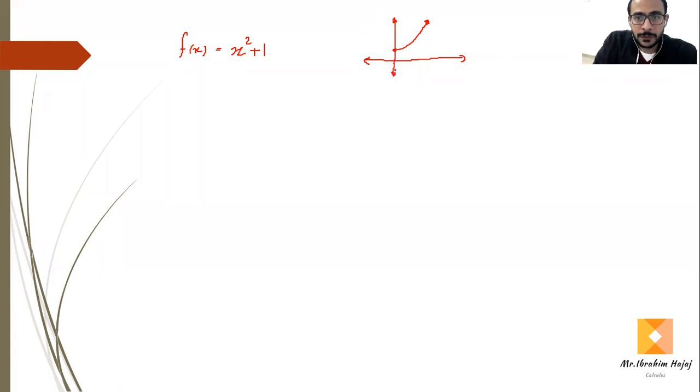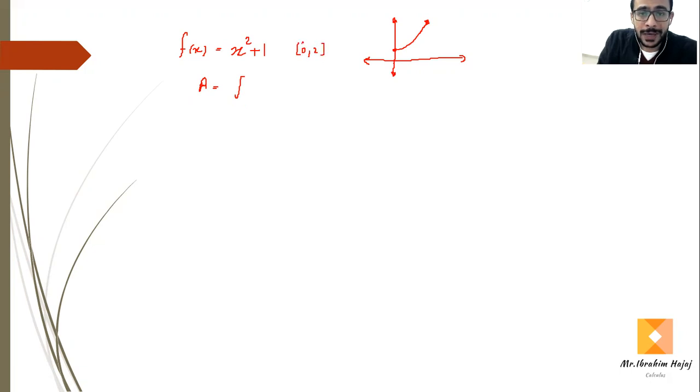The first way we have to learn is that we can find the area by using the definite integral, the antiderivative, on the closed interval 0 to 2, for example.